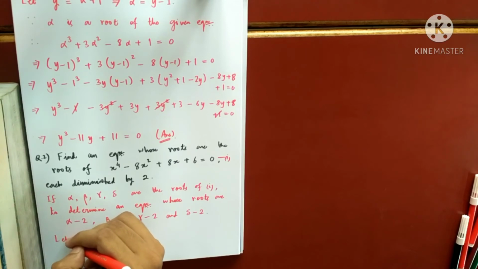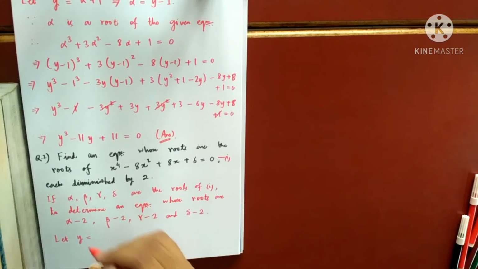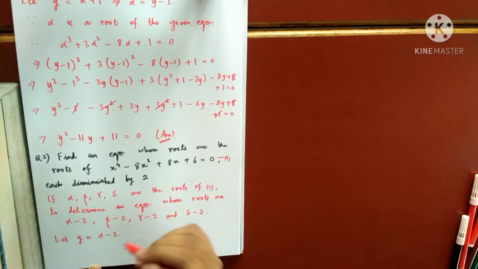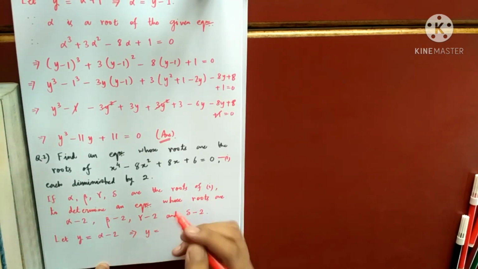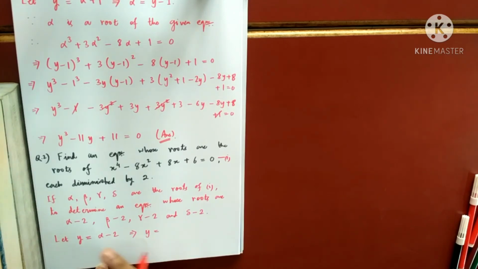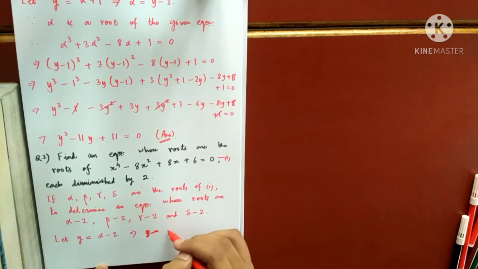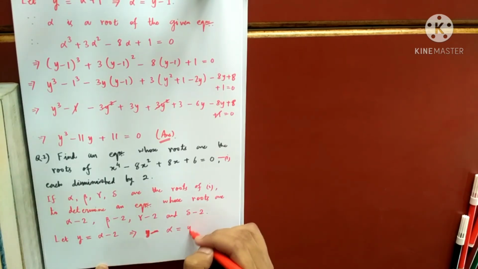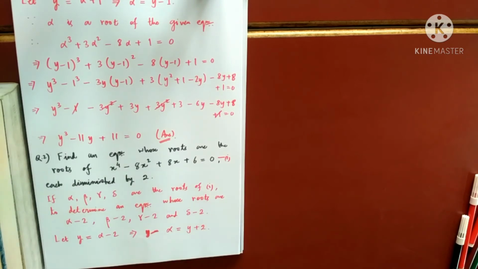Again the same concept, let y equals to alpha minus 2. You choose any one of them as y. So from here alpha will be equal to y plus 2.